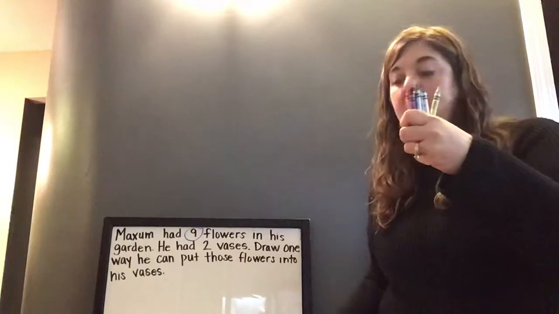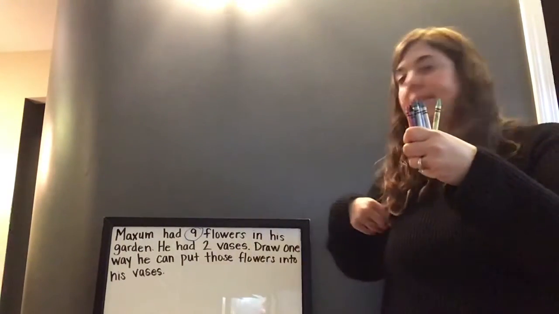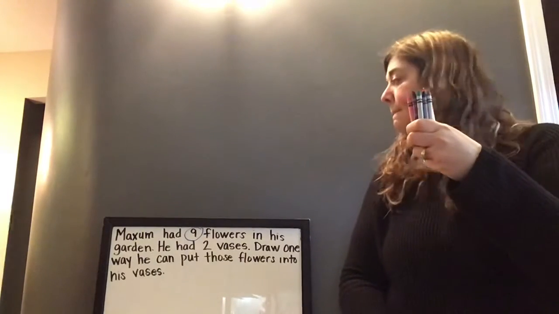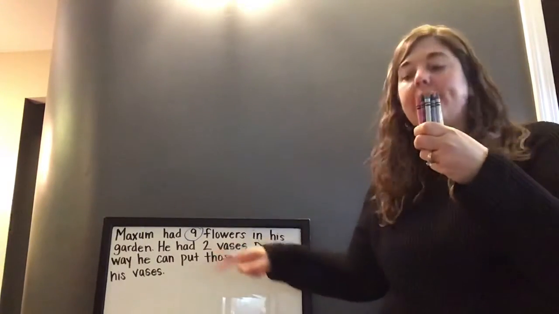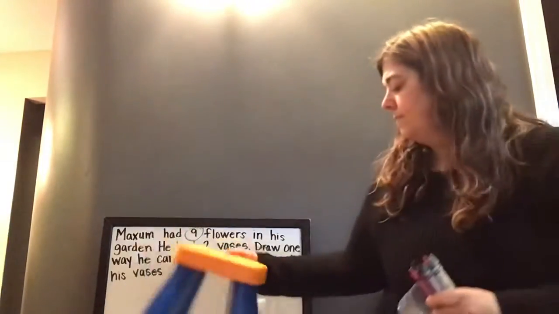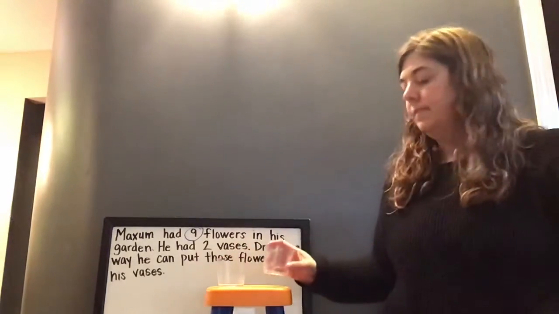Okay. And how many vases do we have to put these in? I want you to look at our problem and see if you can find the other number of how many vases that we have to put these in. Yeah, we have 2 vases. So I'm going to show you. We have 1, 2.